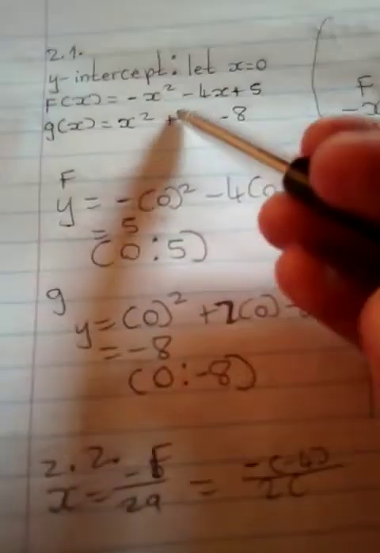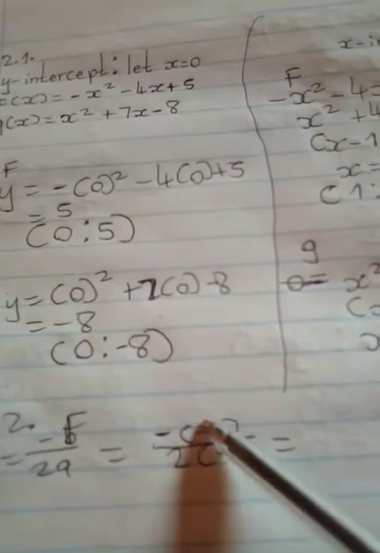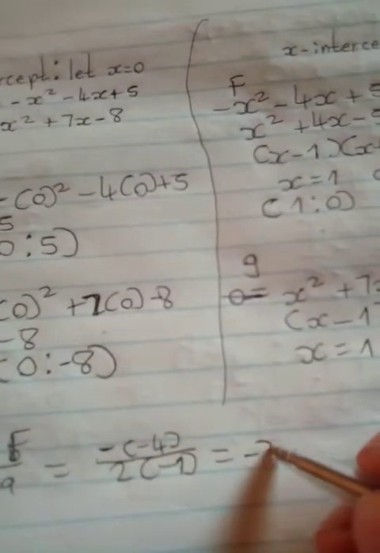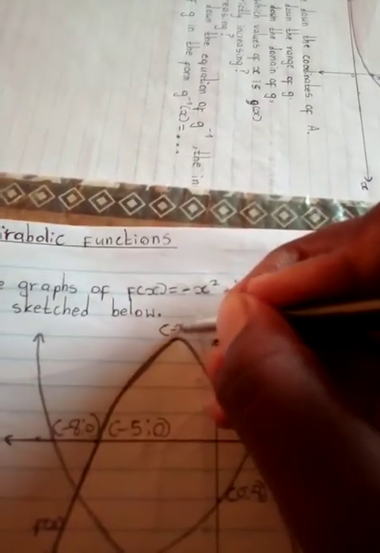What's our a value? It's -1. We get that our x is +4 over -2, which is equal to -2. That's our x value here. Our x value here turns out to be -2.